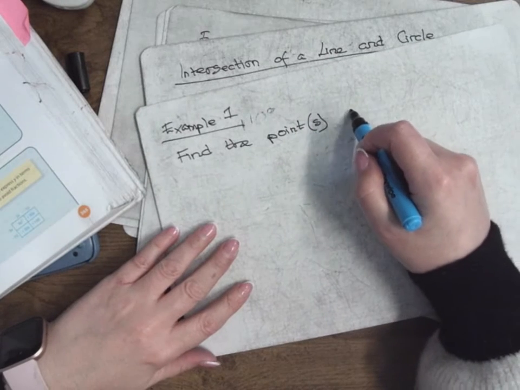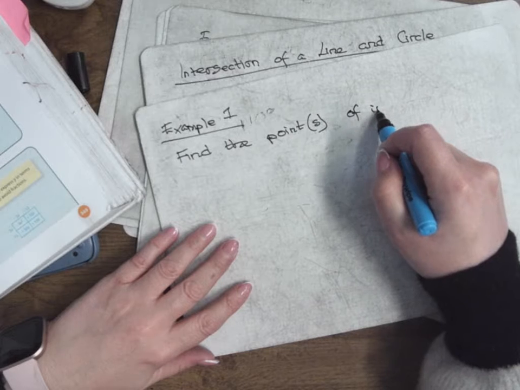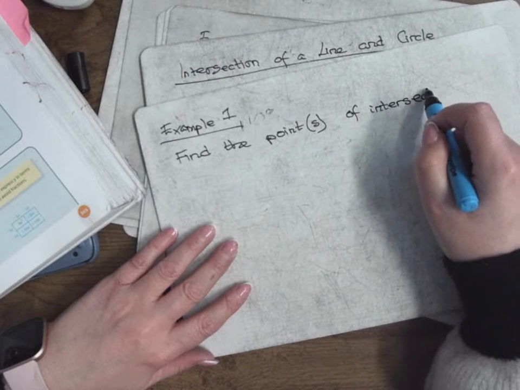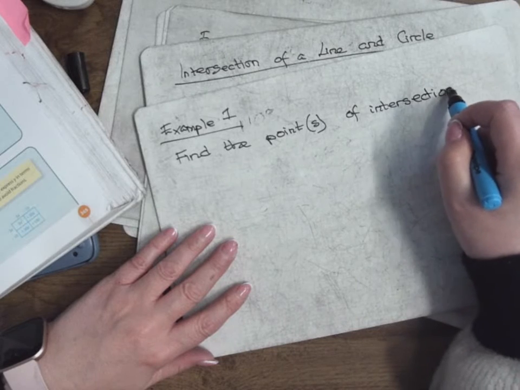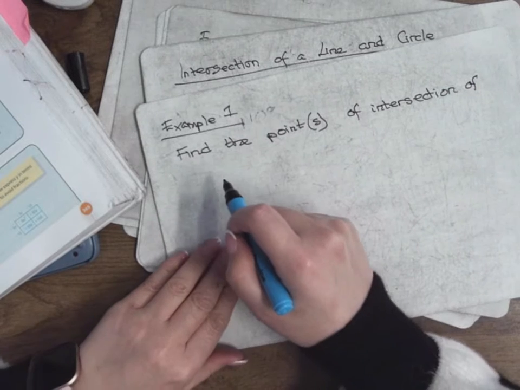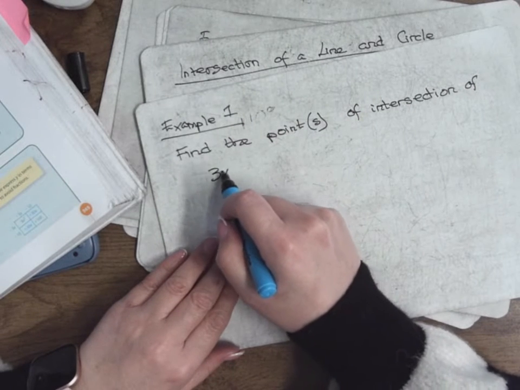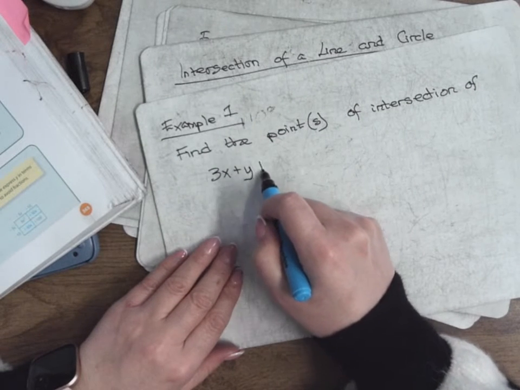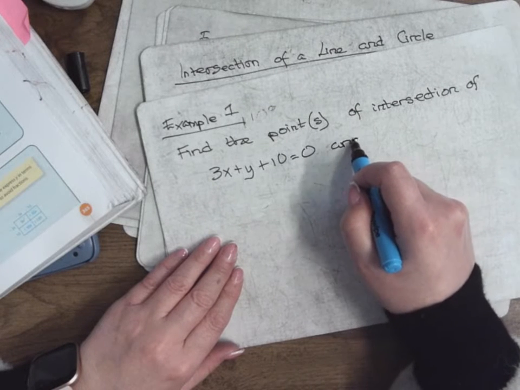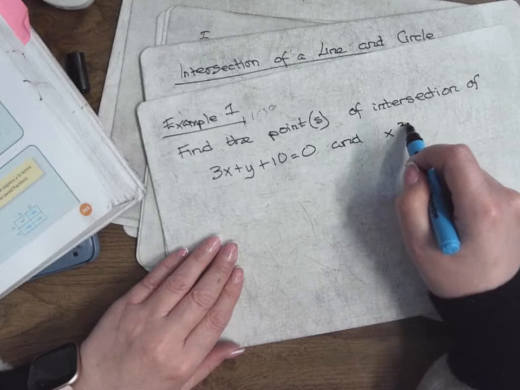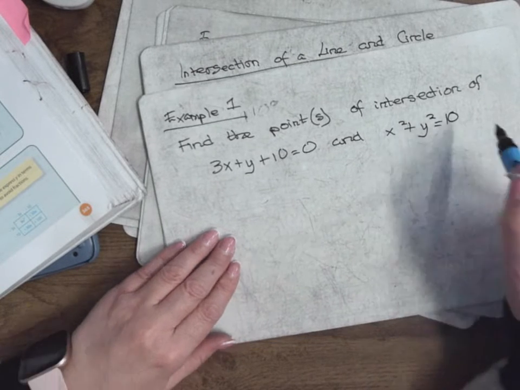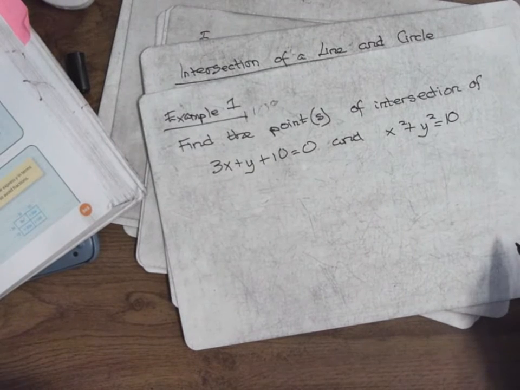Find the point of intersection of 3x plus y plus 10 equals 0, and x squared plus y squared equals 10. Okay, right. Which one's the line?